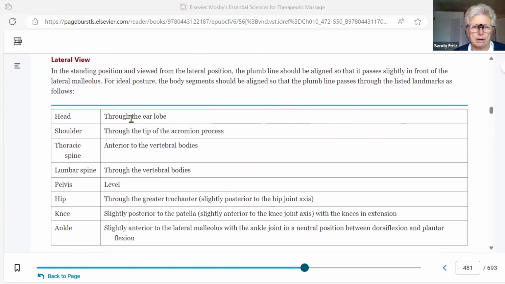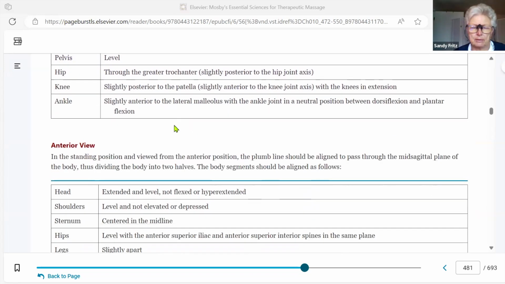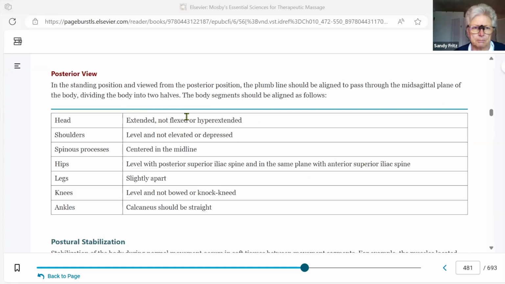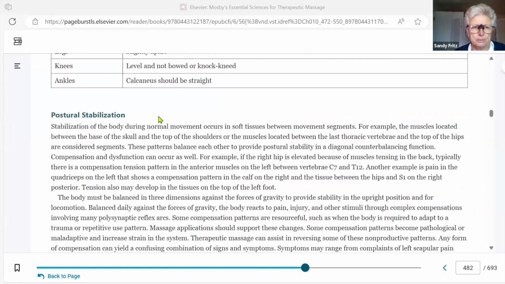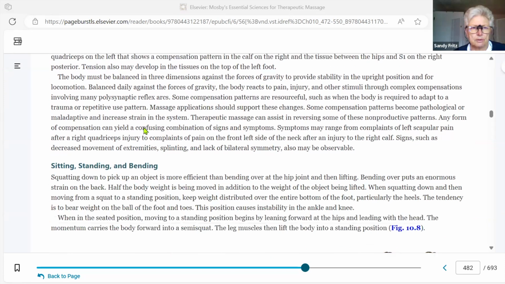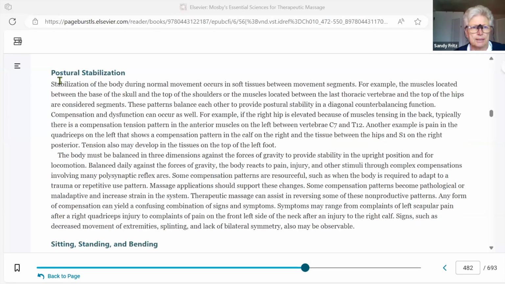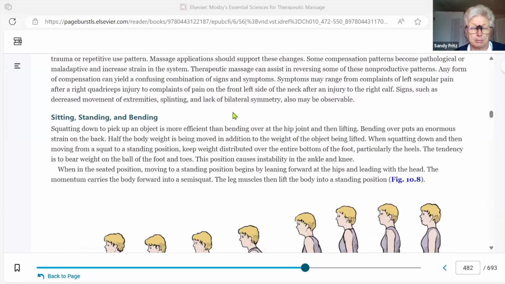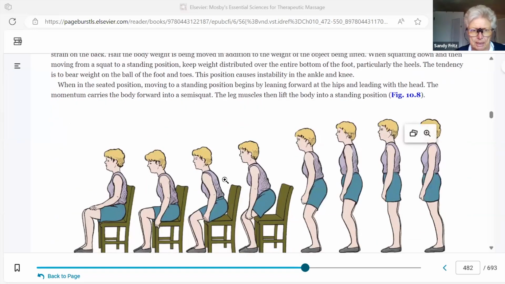So here are our markers when we look at the lateral view, the anterior view, and the posterior view. There's some more statements related to postural stabilization, then the sitting, standing, bending biomechanics. And then this all becomes assessment.